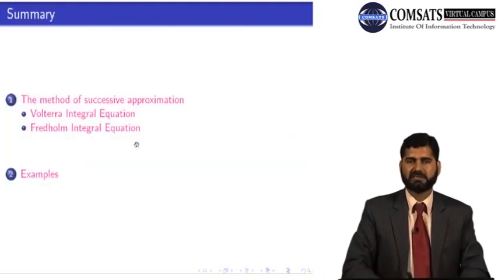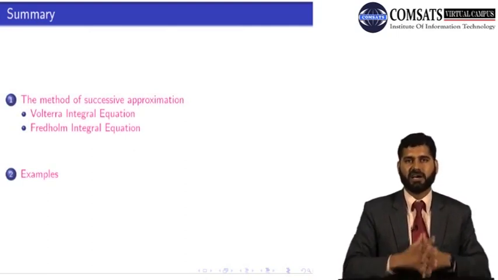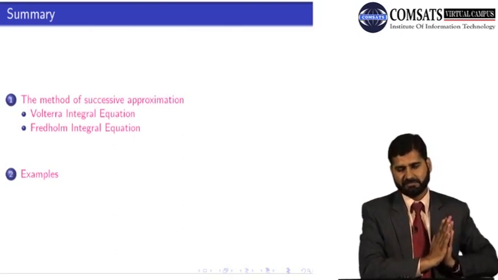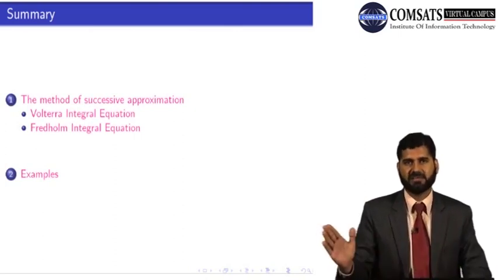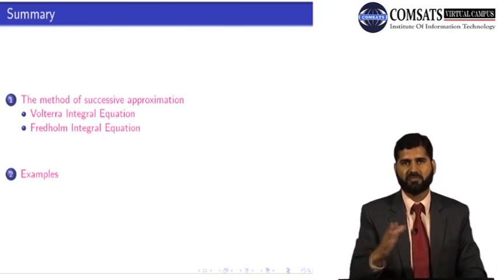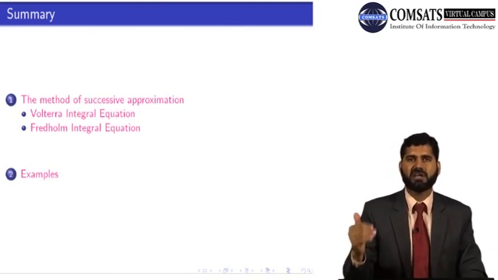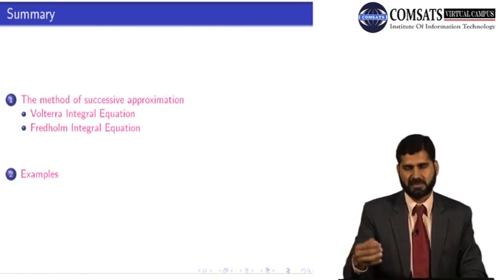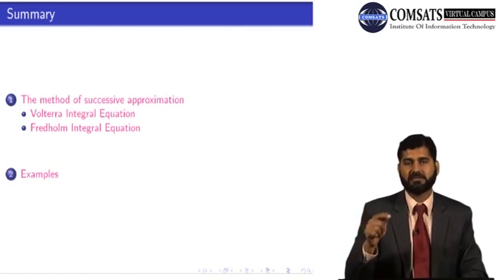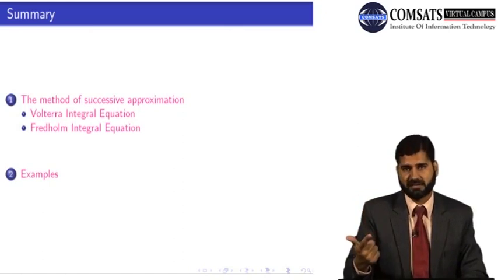So today's lecture summary is the method of successive approximation and nothing else. We basically derived the procedure and the formulas for the solution of Volterra and Fredholm equations by using the method of successive approximation. In that, we used Picard's method.